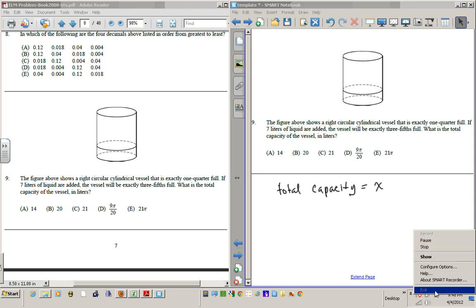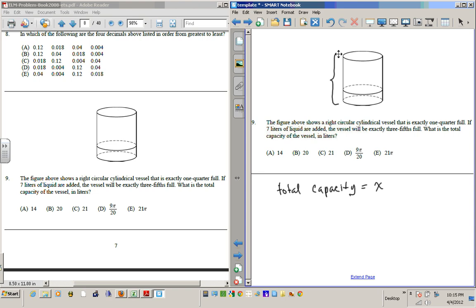So we're going to say the total capacity is X, so that's the entire volume. So that basically from here to here is X liters. This initial amount is 1/4 full, okay? So what does that mean? It basically means that we have 1/4 of the whole amount, which is X, 1/4 of X.